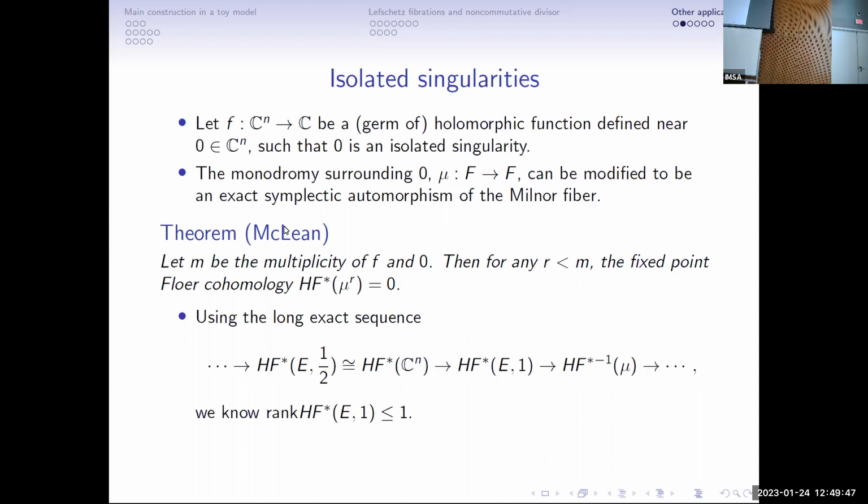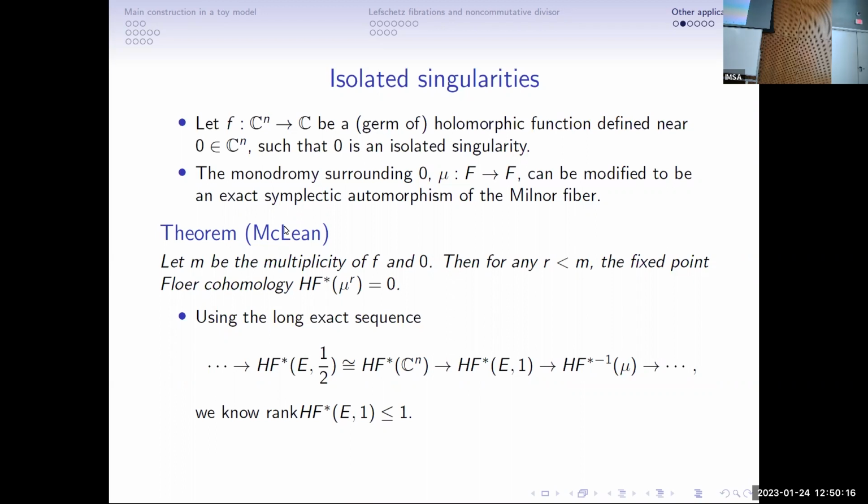So go back to the long exact sequence we've seen before. It has the following implication. Note that for any exact Stein domain, if we choose a Hamiltonian or identity, which, say, on the boundary is in the positive direction of the boundary flow, it will actually compute the cohomology of the underlying space. So that's the case here also.